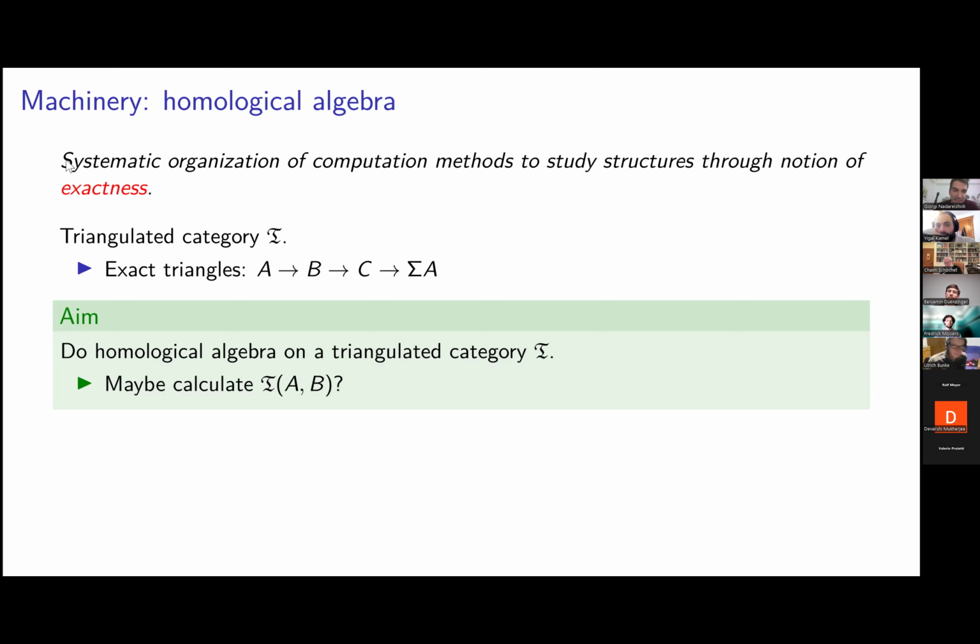And now what I want to do is force this philosophy on this category here. This is T, by the way, fraktur T or Gothic T. So there's a triangulated category T here, and I just remind you what it means. It has these triangles A, B, C, sigma A. So it has diagrams of this form singled out that satisfy some axioms.